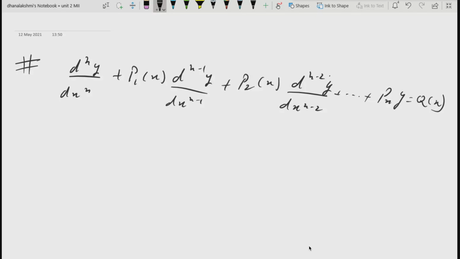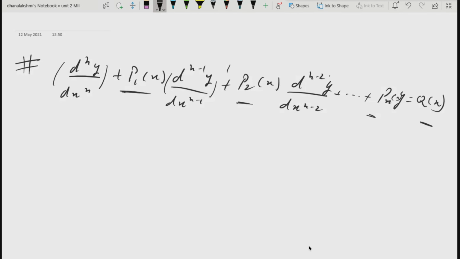Why linear? Because the power of each of these derivatives is 1, and the derivatives of the dependent variable are not multiplied with the dependent variable itself. So this is a linear differential equation of nth order, where p1, p2, pn and q of x are all continuous functions of x.